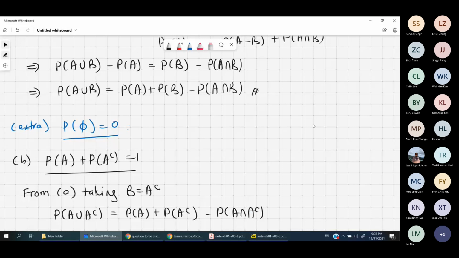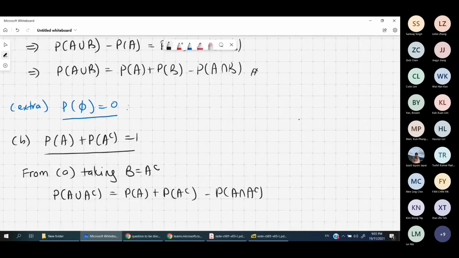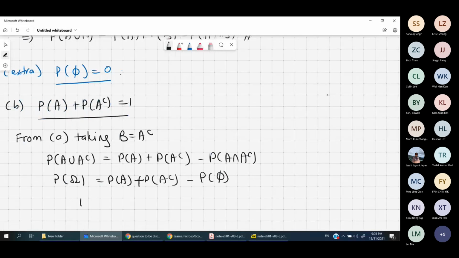Then P of omega is P(A) plus P(AC) minus P of the empty set. This is 0, and this is 1, equal to P(A) plus P(AC) minus 0. Okay, so this is how we get it. And the next one is straightforward.